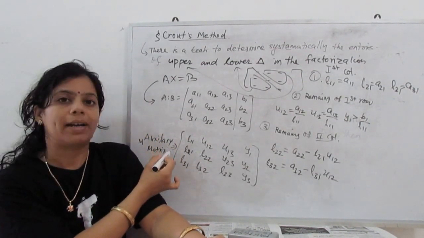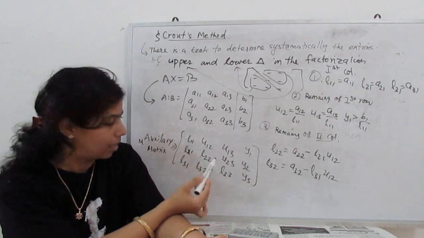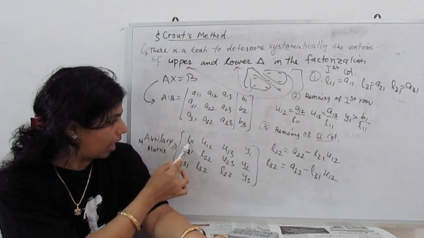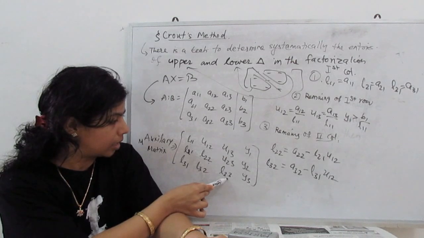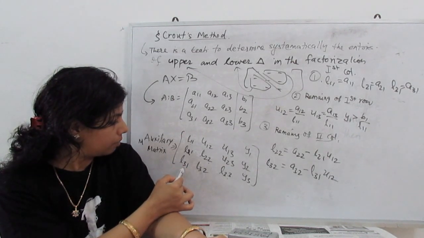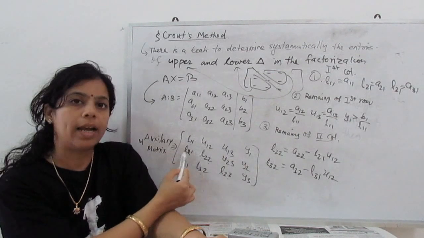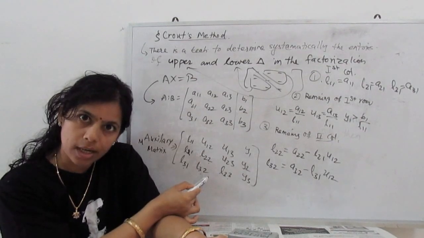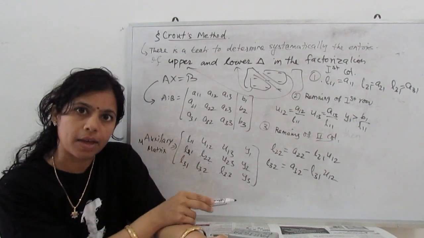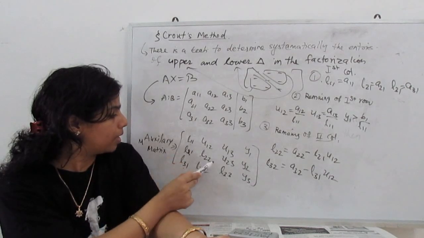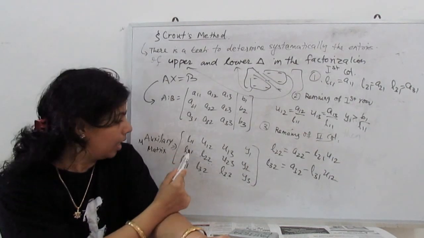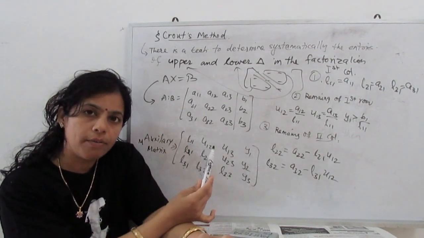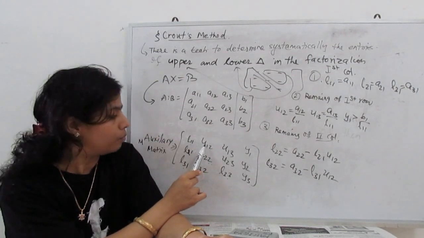This auxiliary matrix is given by these elements: the diagonal is L11, L22, L33, then L21, L31, L32. The diagonal and below elements we represent with the L notation. After that, at the end when we find the solution, we replace all diagonal elements with 1 and all the lower elements with 0, and only for the solution we need the values of the other elements.